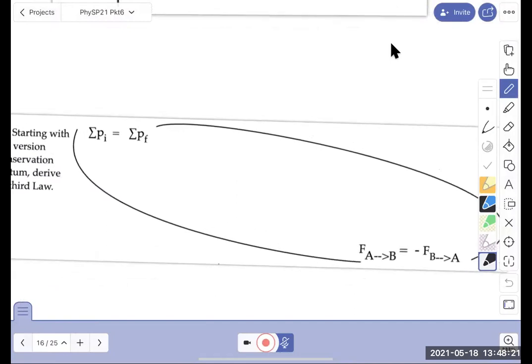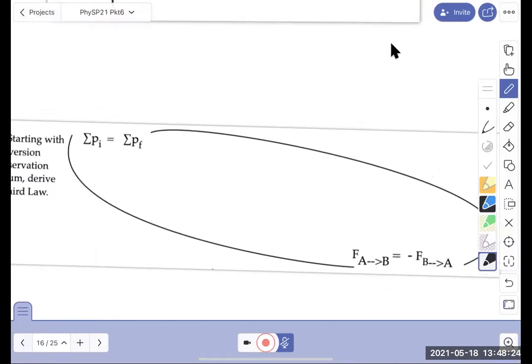Okay, so we can see that we got to get to force from momentum. So probably the first thing to do, let's expand this. When you see that summation of, let's go and expand this out. We have P, the summation of, right?